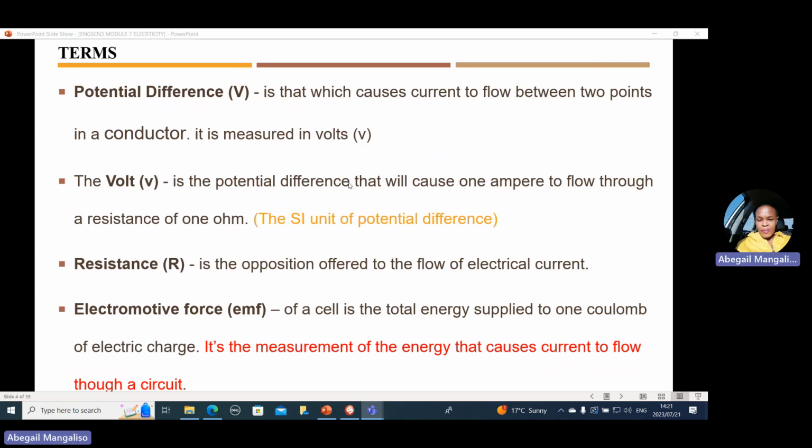When the circuit is closed, the reading that you get across the battery terminals, when you measure the voltage, is the potential difference. But when a circuit is open, the reading that you're going to get will be that of EMF. So you get EMF when the circuit is open and you get potential difference when the circuit is closed.